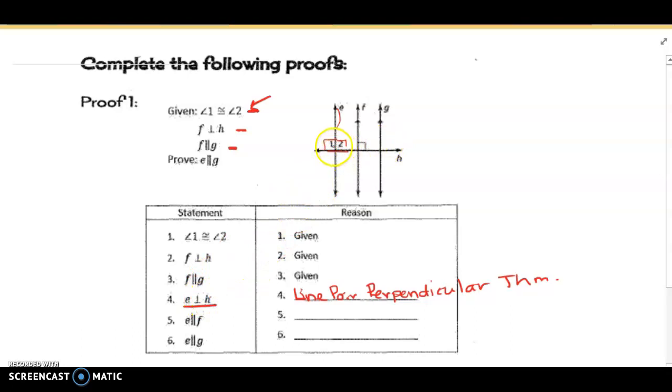Now if I know that line H is perpendicular to both line E and line F, then I can say that line E and line F are parallel. Remember, that theorem we just learned is the lines perpendicular to a transversal theorem.